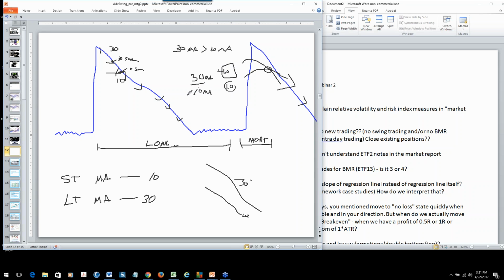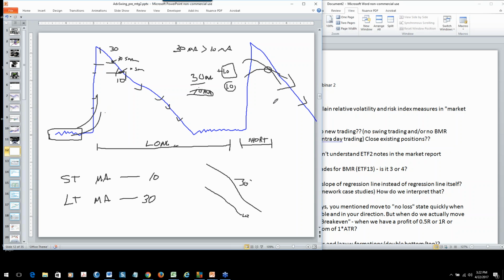And any time the 10 period is greater, that would be one of these cases where the 10 has responded to this movement early, and then the 30 is slowed down by all of these low numbers. So the 30 is low, but it's starting to get bigger because we're adding these days of increasing numbers. So when the 10 is greater, you're in negative volatility.